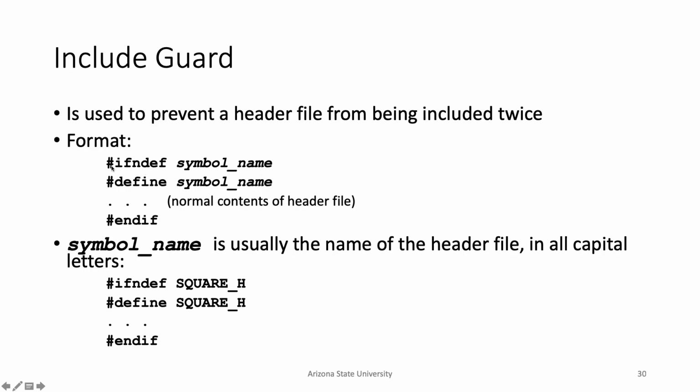So the first part of this says ifndef, which means if not defined. So if this symbol name happens to not have been defined before, now we're going to define it here. Okay? So it's just kind of a roundabout way of saying we will only include this thing one time. Okay? So we define it here, then we put anything we want in the header file, usually a class, and then at the very end we put an endif.